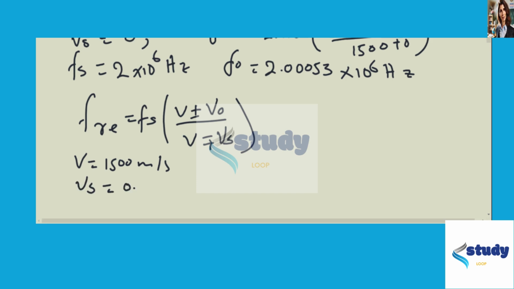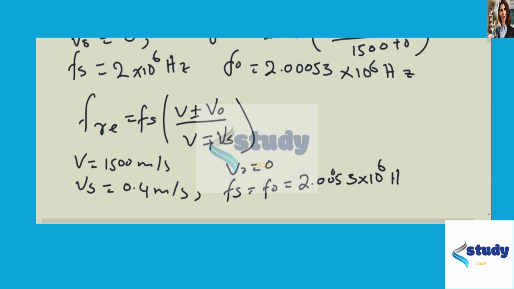V_s is equal to 0.4 meter per second, the speed of the blood cell. V naught is equal to 0 because the receiver is stationary, where F_s is equal to F naught, which we calculated earlier, that is 2.00053 times 10 to the power 6 hertz, which is the frequency of the wave reflected by the blood cell.